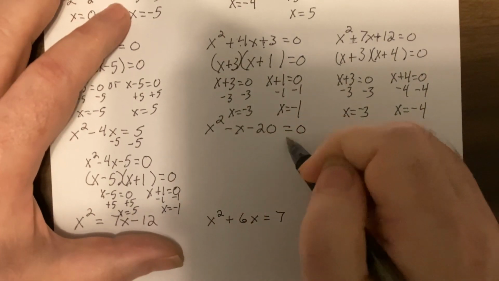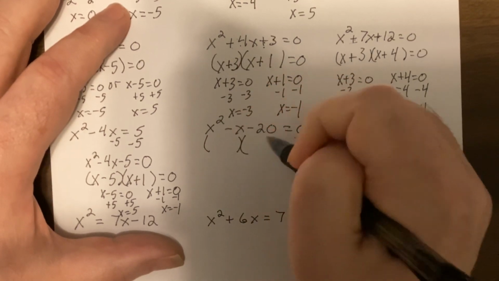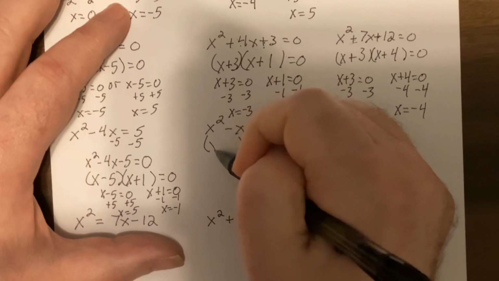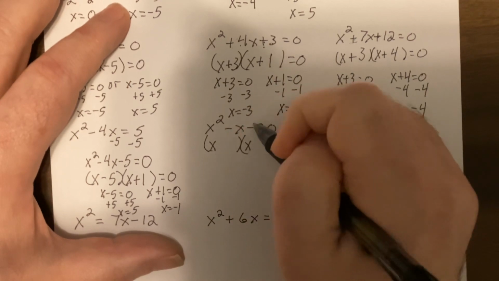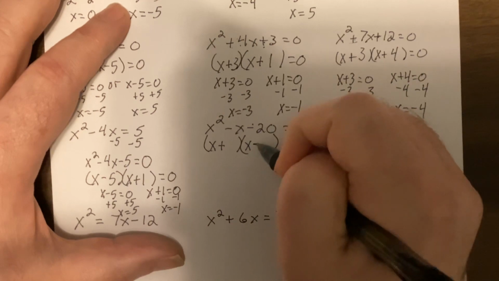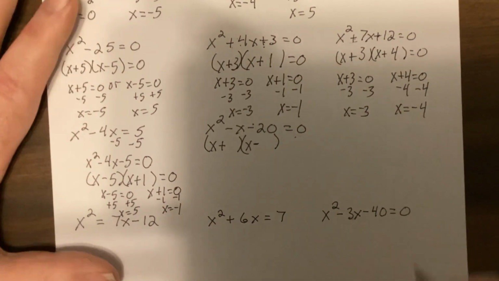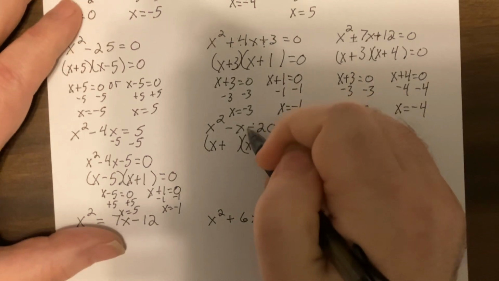This one, it's equal to 0, so I'm going to factor this up. X squared is x and x. Last term's minus, so it's plus minus or minus plus, either way. What do you multiply to get 20? But you subtract to get 1.